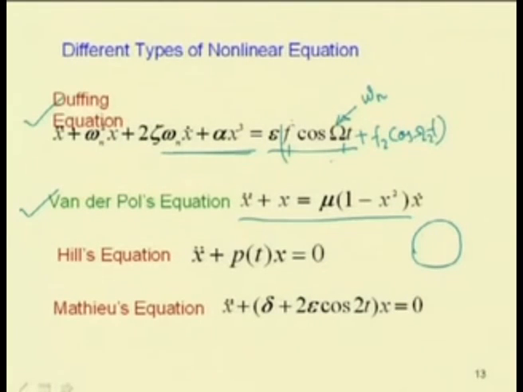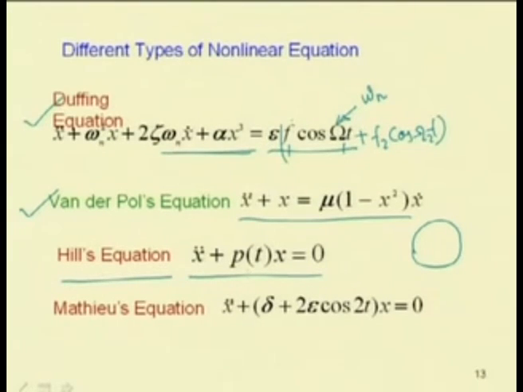So, another set of equations one can obtain in this nonlinear system is of this type, that is x double dot plus p(t) x equal to 0, where p(t) is a periodic function. So, this equation is known as Hill's equation, which he developed while studying the lunar motion system.